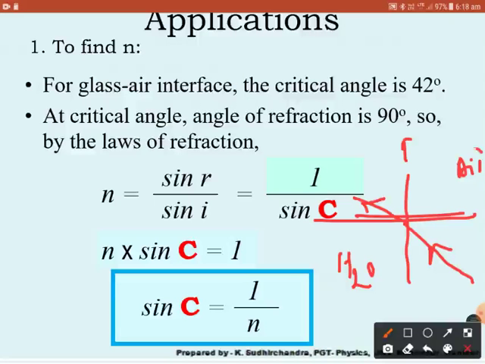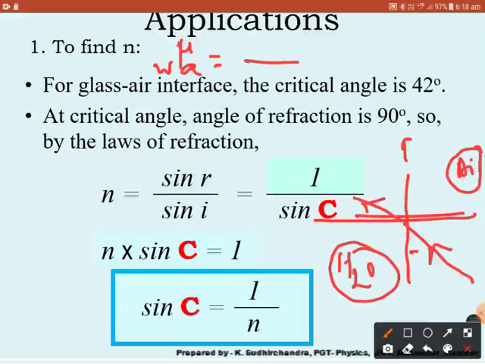So we have to consider that this is the second medium and this is the first medium. From Snell's law, the refractive index of the second medium, air, with respect to the denser medium, water, will be equal to the sine of the angle of incidence, that means this one. So the angle of incidence is the critical angle.